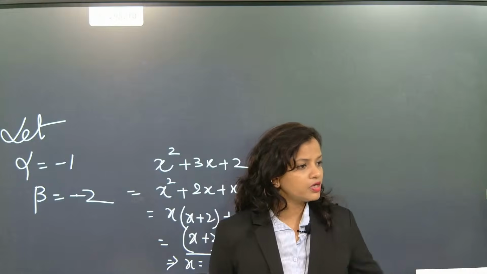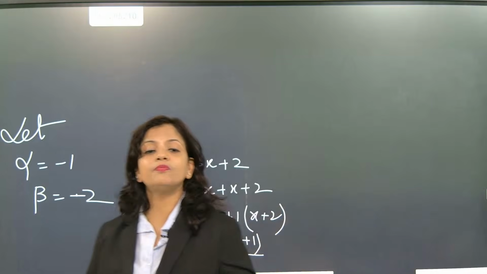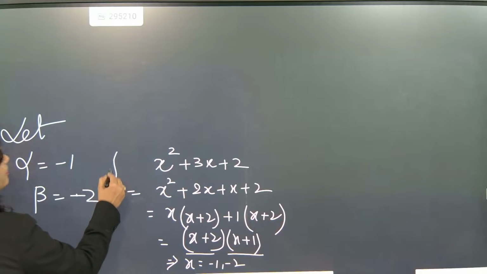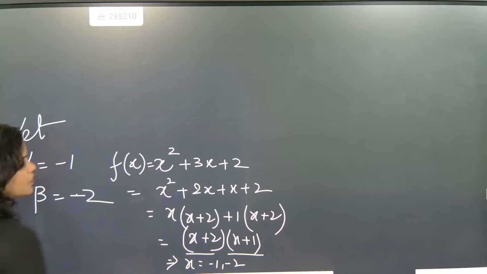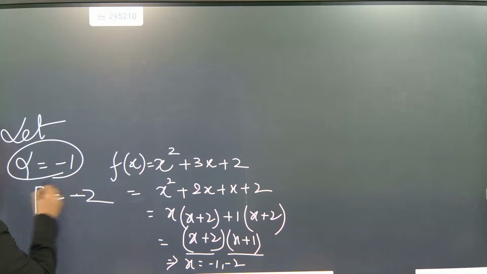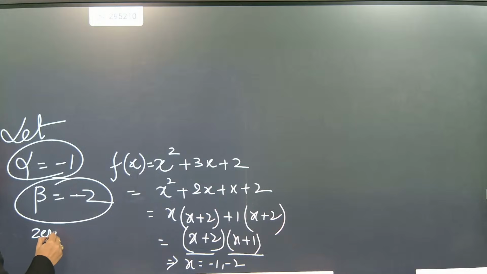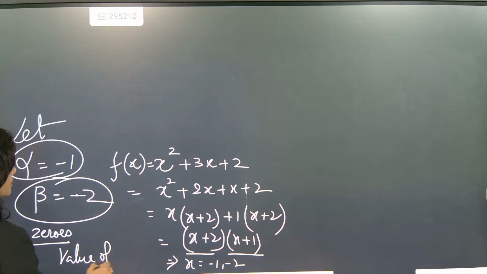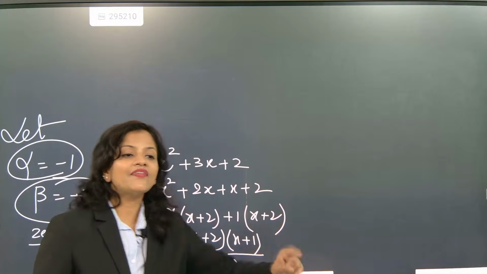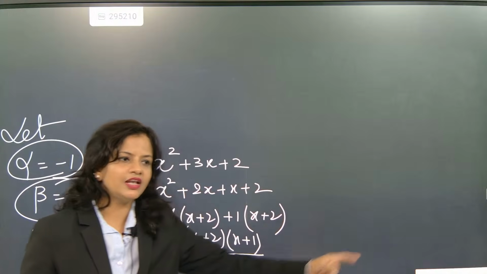Another important point to remember: if I have written f of x is equal to this much, understood? So this alpha and beta are called zeros, the values of x, roots of the polynomial, and they will satisfy the equation.